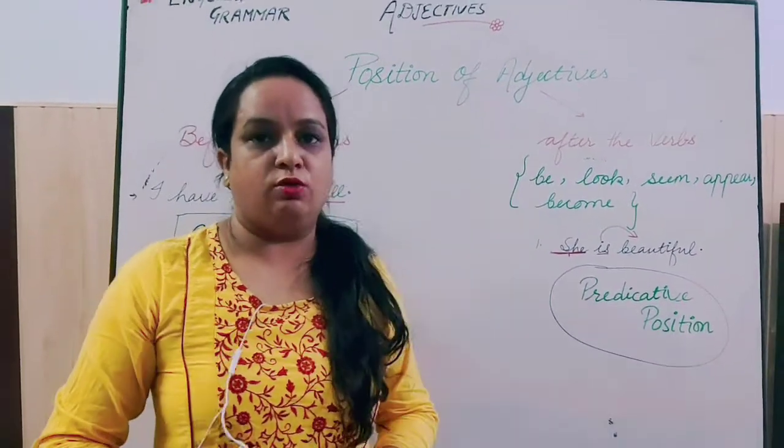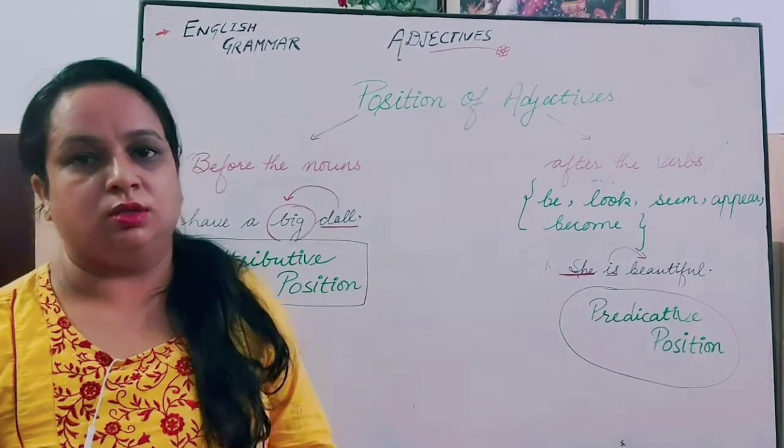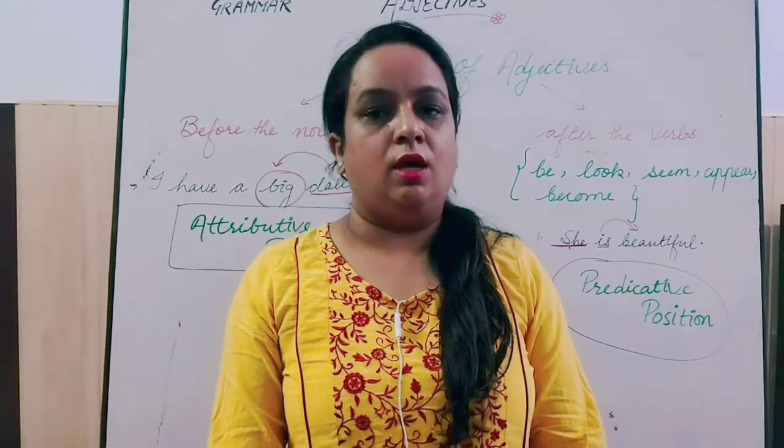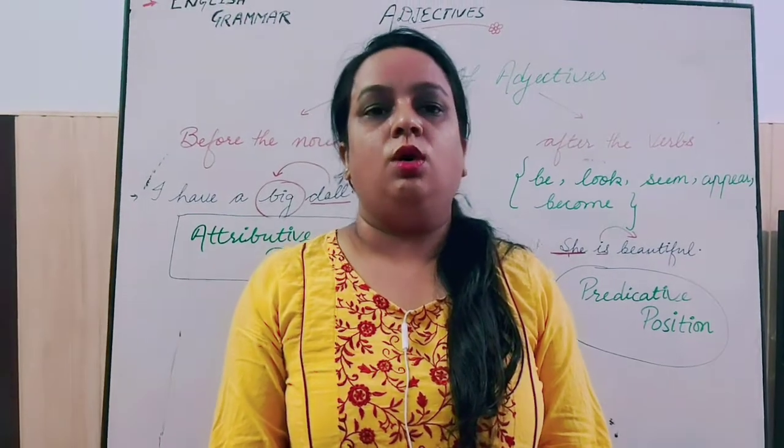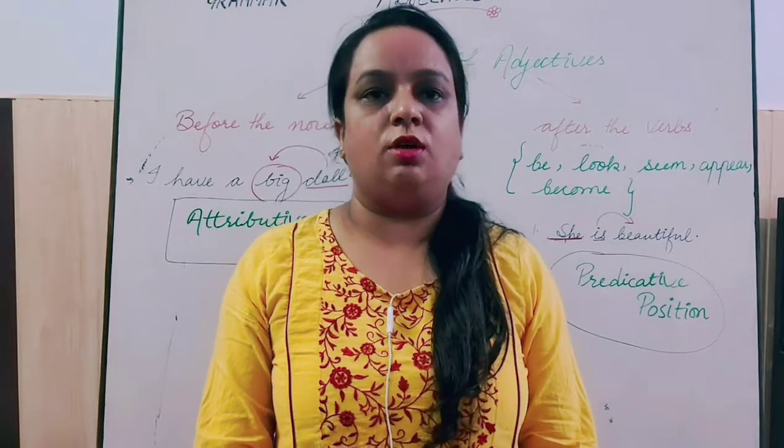So this we have to remember about the position of the adjectives. Okay, then in this video, we learned what an adjective is and what the position of an adjective is.